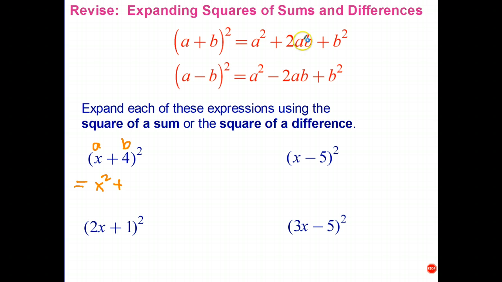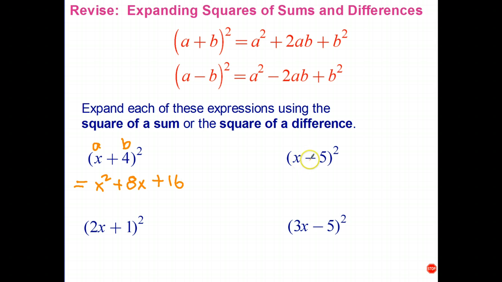It's going to be 2 times A times B. So 2 times X is 2X, and 2X times 4 is 8X. Sometimes it's almost easier to go 2 times B times A. So think 2 times 4 is 8 times X. You can think of it either way, you get the same answer. And then plus B squared, so plus 16.